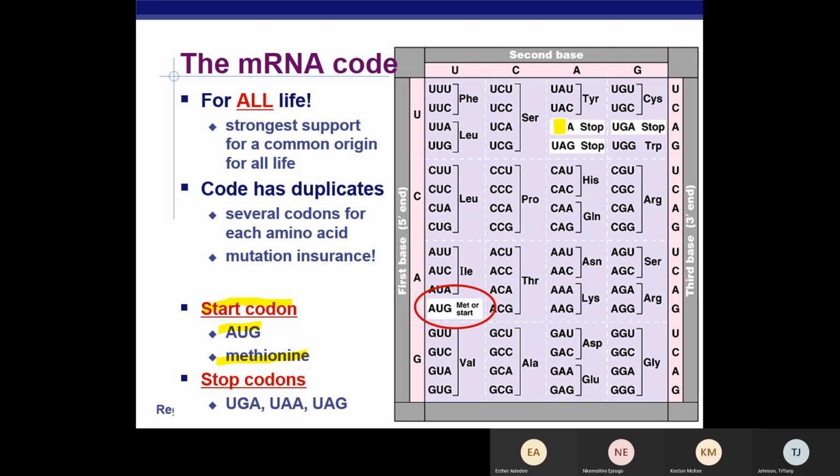You're going to do what? Stop. If you get to UAG, you're going to stop. UGA, you're going to stop. It's really obvious. Okay, so I just need you to write down that the start codon is AUG.